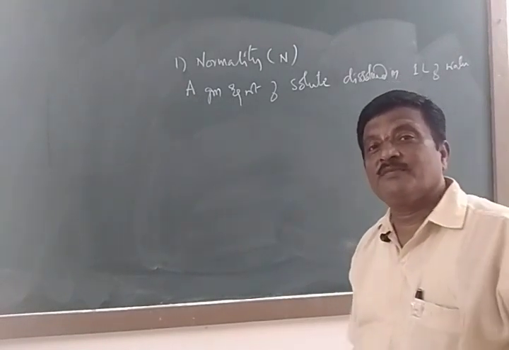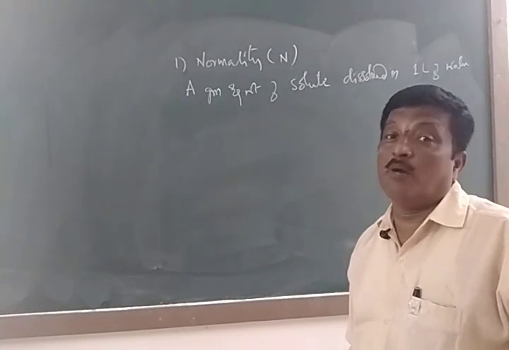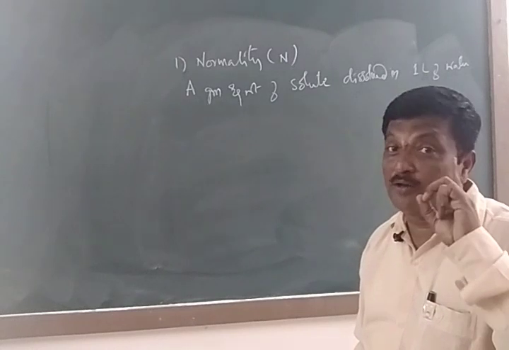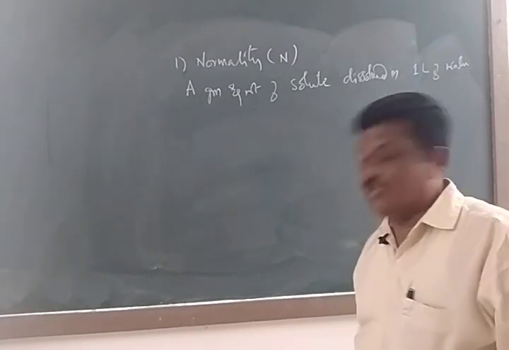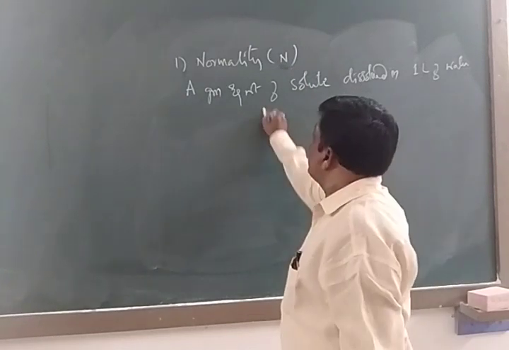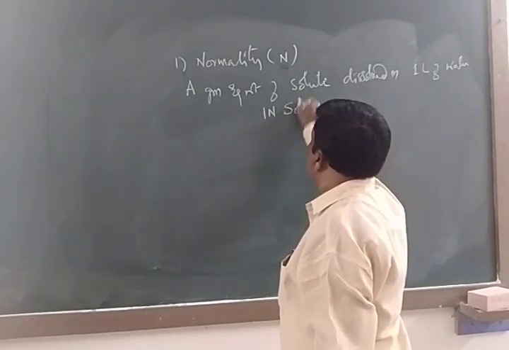Very simple. That is called the normality of a solution or a normal solution. It is denoted by the capital letter N. Hence we can write it as 1N solution.